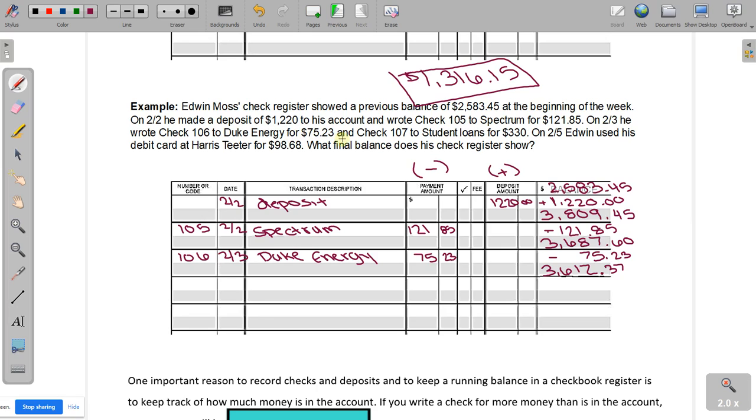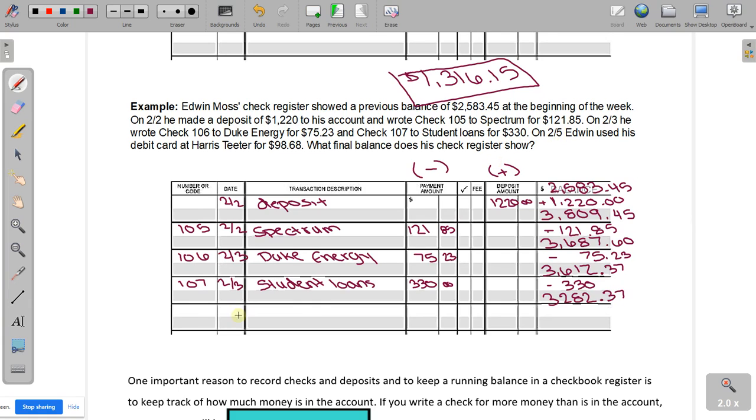That was Duke Energy. And then also check 107 for student loans. And that was on the same date. So 2/3. Student loans for $330. So we are subtracting out a payment of $330. We have a running balance of $3,282.37.